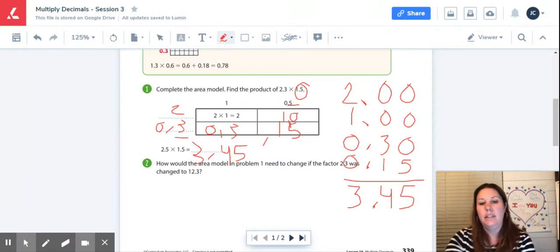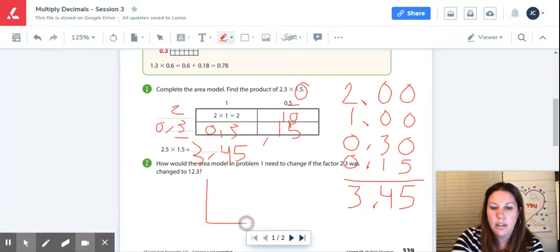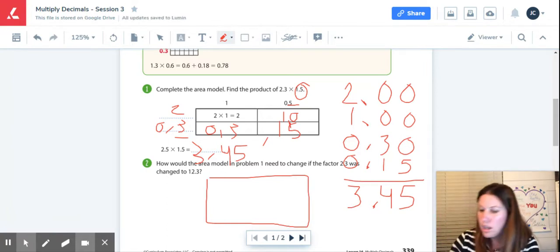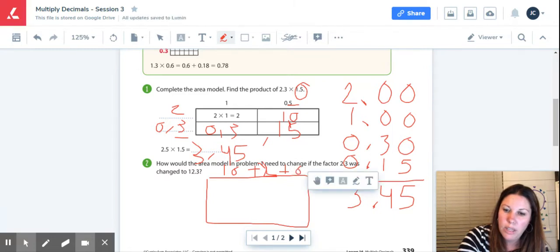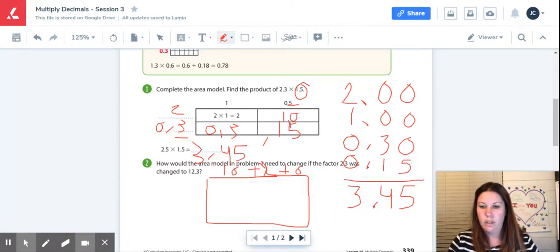So what that means is our area model, I'm going to draw it, would change to 10 plus 2 plus 0.3.